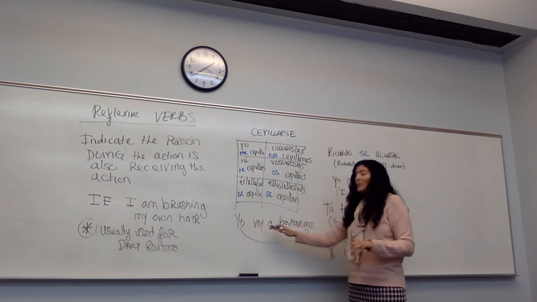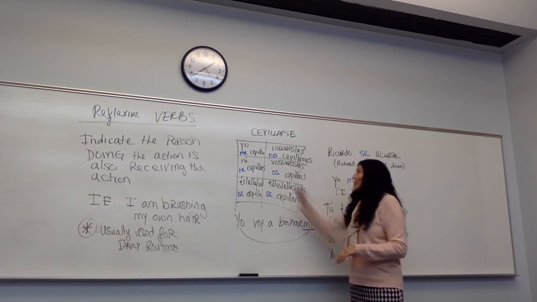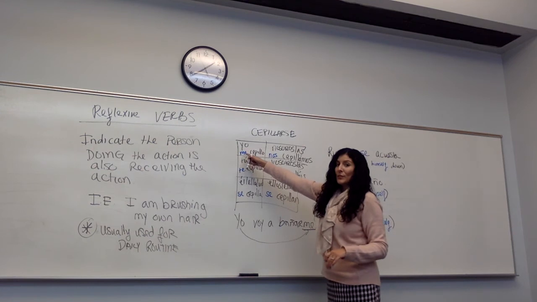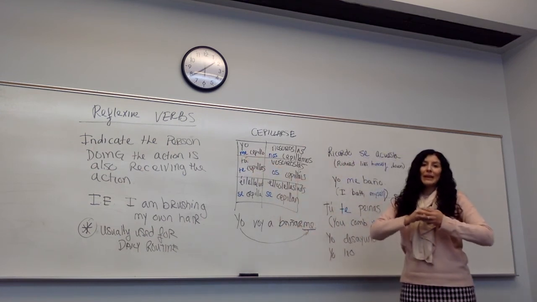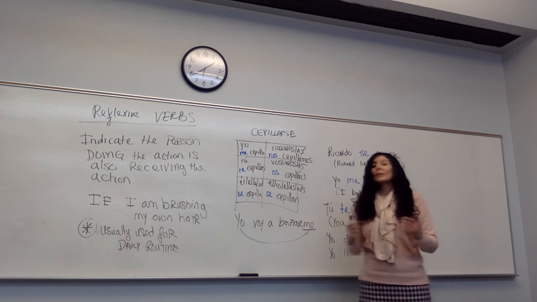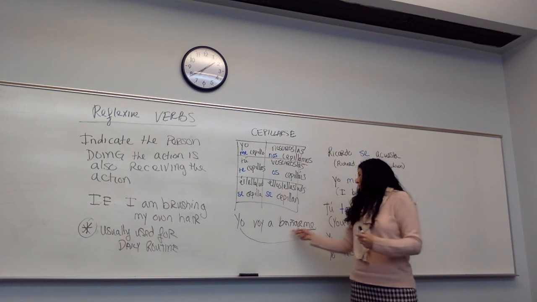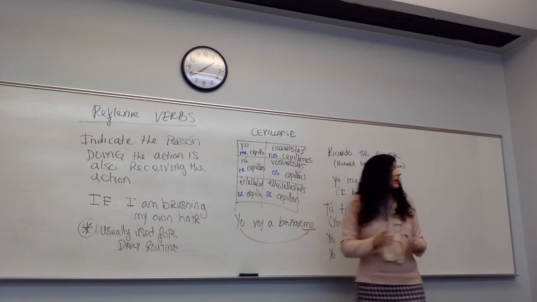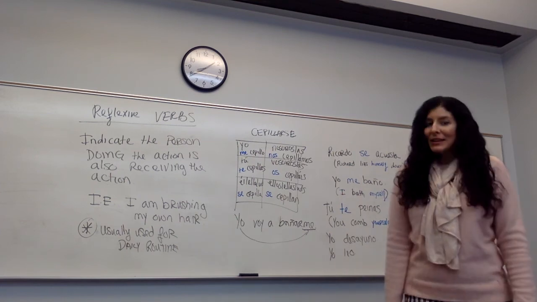So instead of saying yo voy a bañarse, I would say yo voy a bañarme, changing the pronoun to the yo form, indicating that the person that is going to be doing the bathing is me, and also I'm going to be receiving the bathing. So the pronoun changes, even though the verb is still in the infinitive. Now, that's a very few and far between cases that happens, but it is still possible.